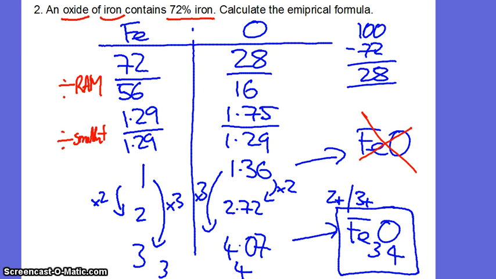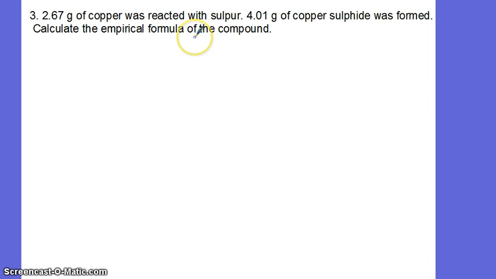Right, look at the steps we've done on each stage. Divide by the relative atomic mass, divide by the smallest, and then work your ratio up if needed. Last question. Here we've got a sulfide, which we've presumably made by heating copper with sulfur.